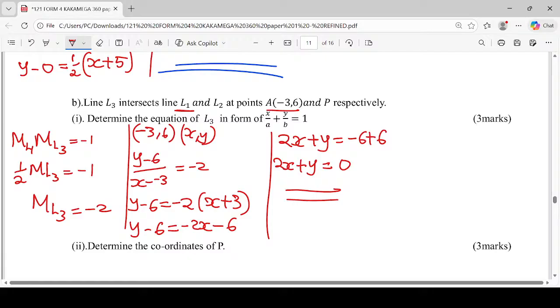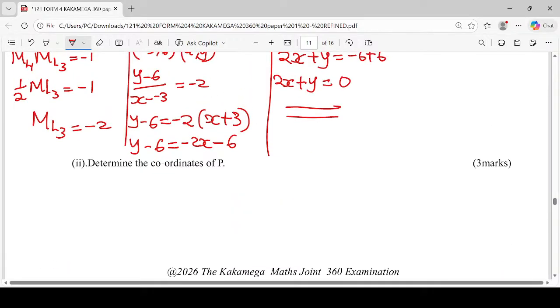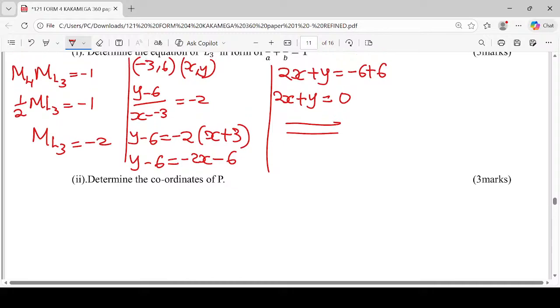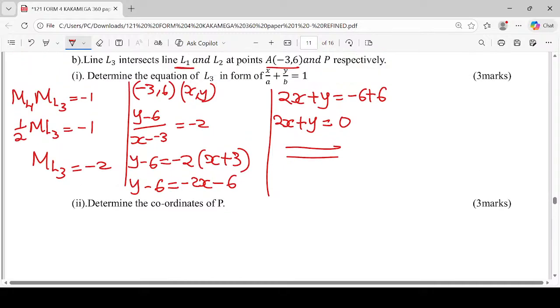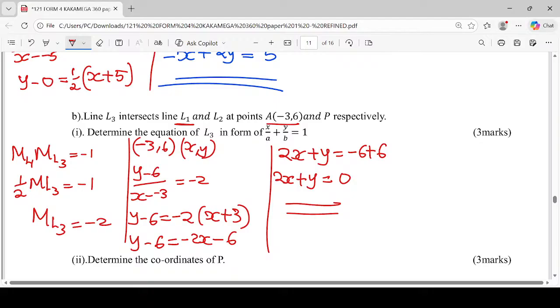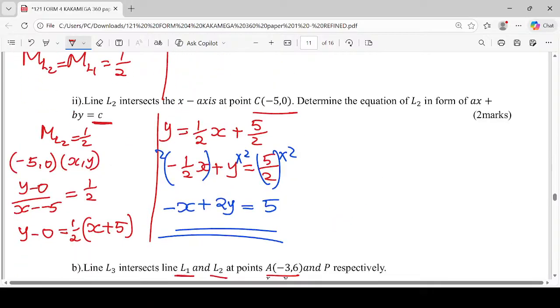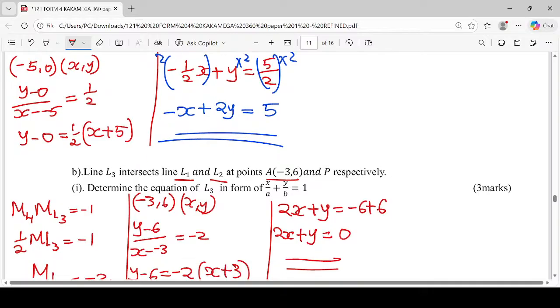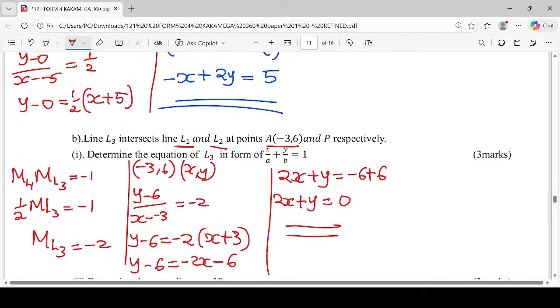Roman 2, determine now the coordinates of P. We are now supposed to determine the coordinates of P. Now remember that L3 intersects with L2 at P. To find the intersection point, because we have the equation of L3, and at the top here, this was the equation of L2, we can solve them simultaneously.